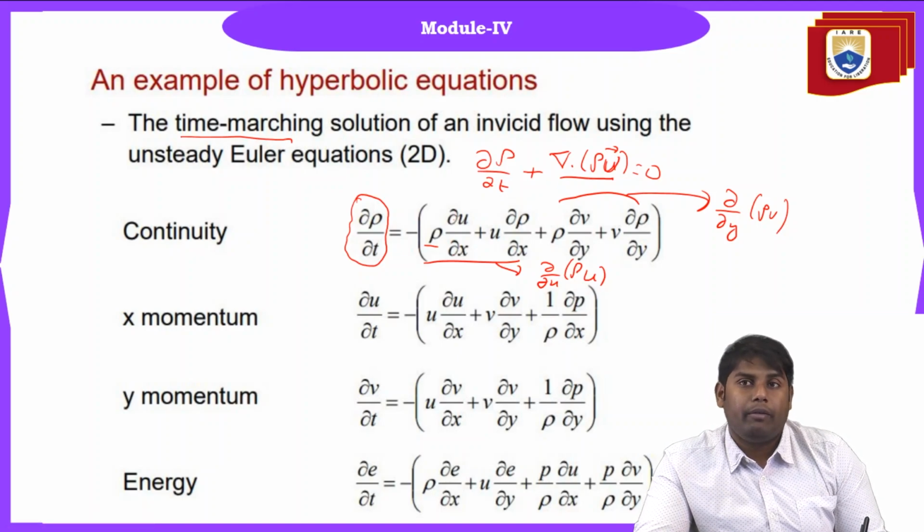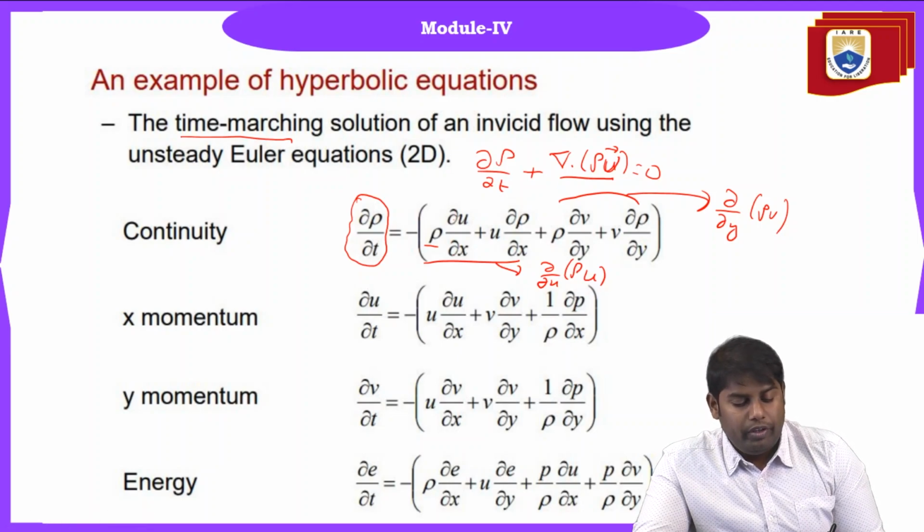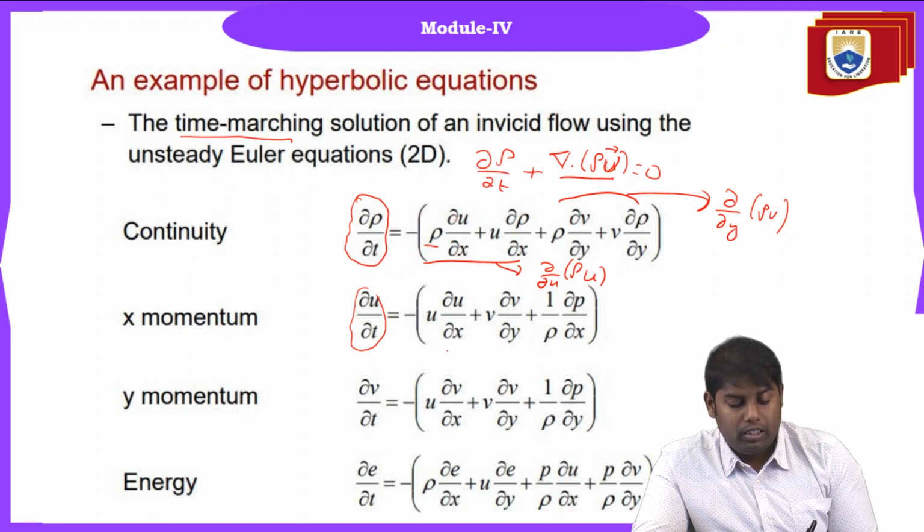Next we have the x momentum equation. In the x momentum equation, you can see we have the ∂u/∂t term, fine, and again minus u into ∂u/∂x, minus v into ∂u/∂y, plus 1 by ρ into ∂p/∂x.